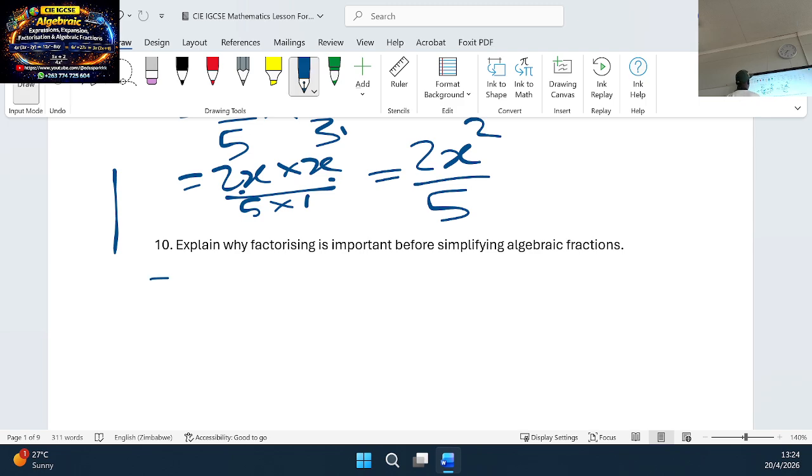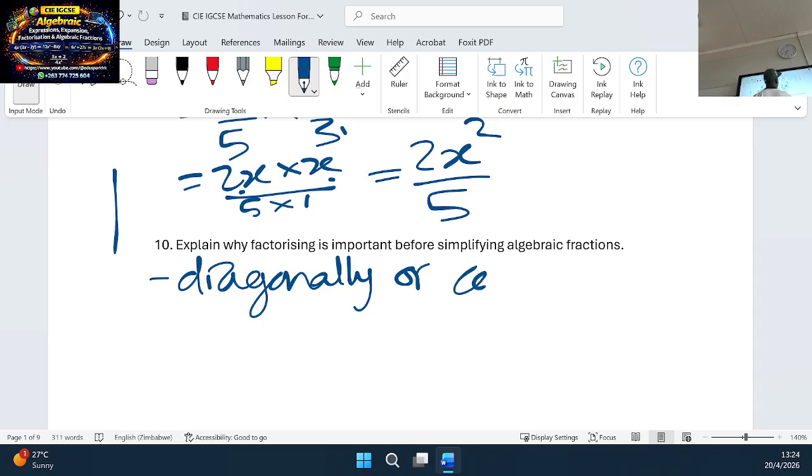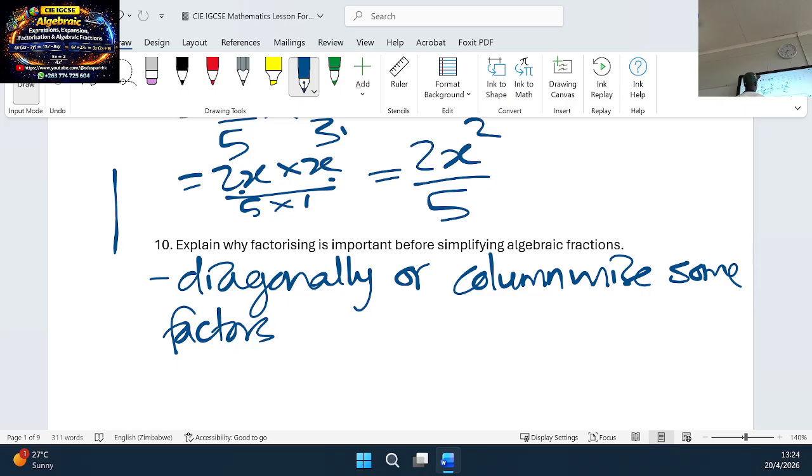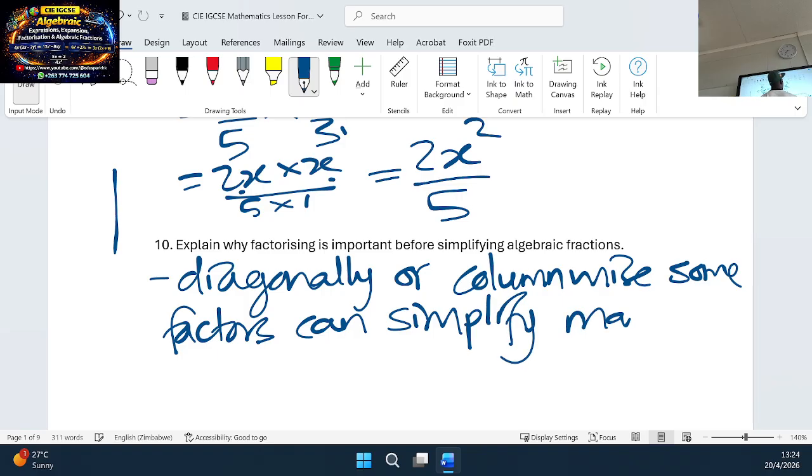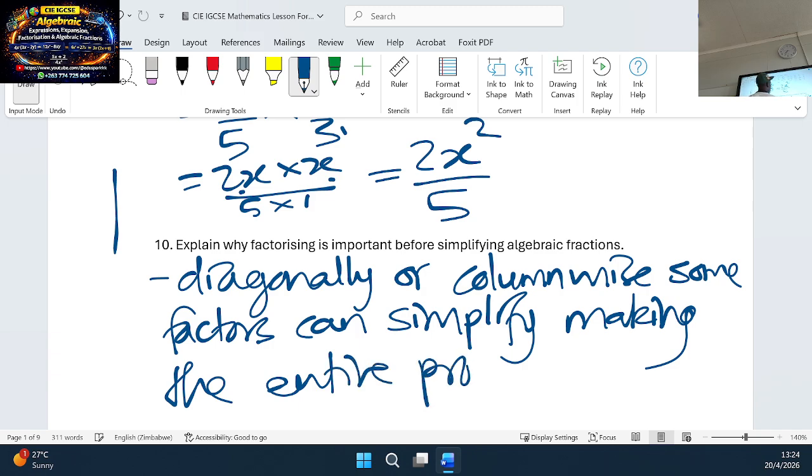So like we saw earlier, we can say diagonally or column-wise, some factors can simplify, making the entire process quick and easy.